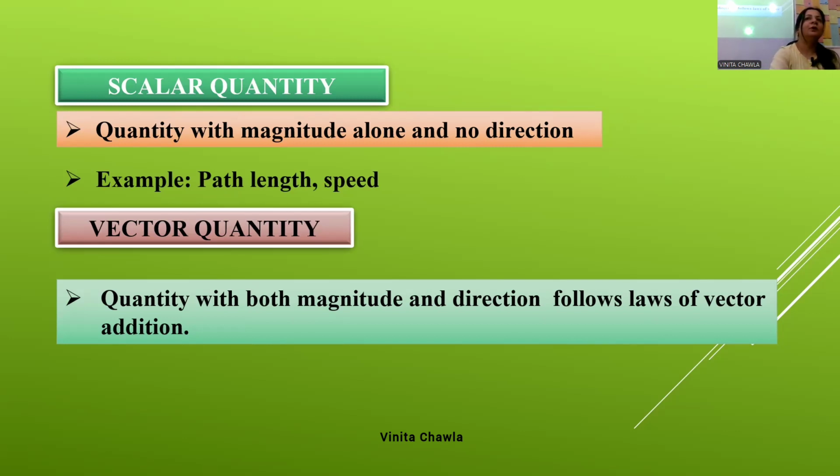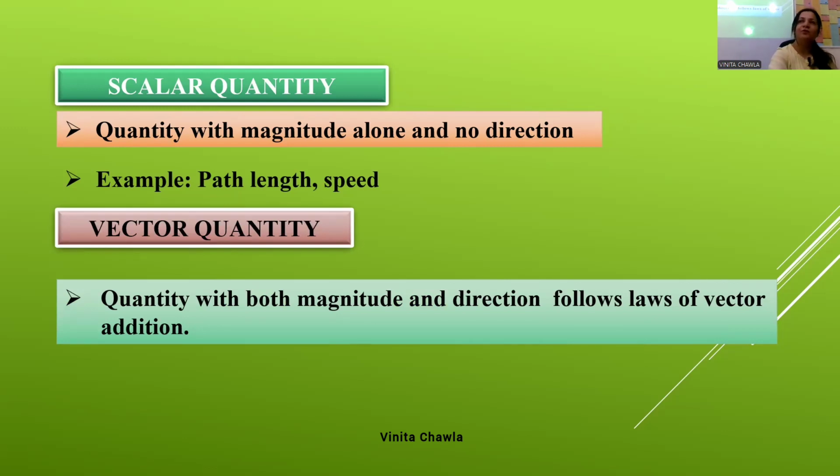But one more thing to be added. These quantities should follow the laws of vector addition. Okay, they should be added by the laws of vector addition only. If a quantity has direction, but it does not follow the law of vector addition, then that quantity is not considered a vector quantity.